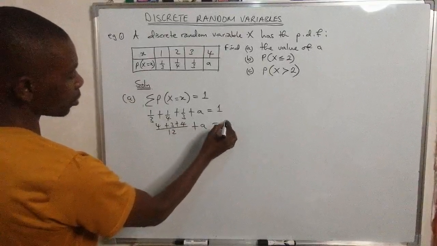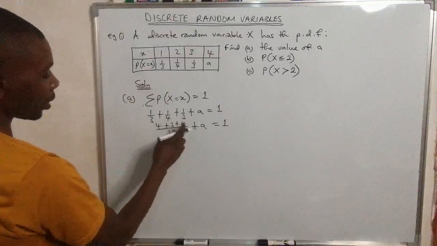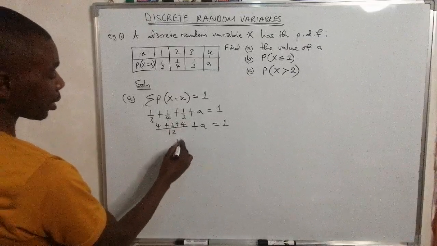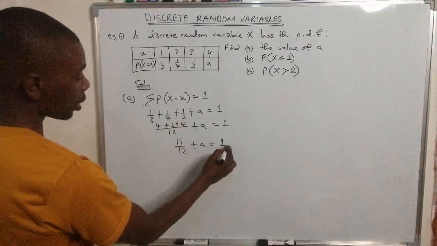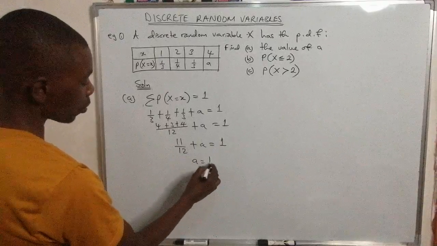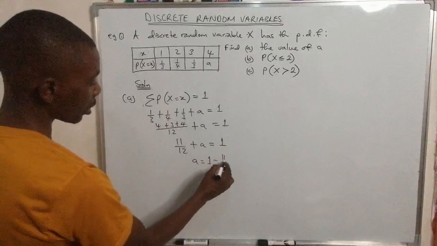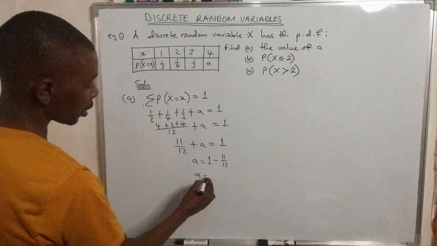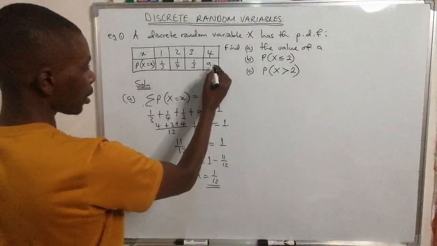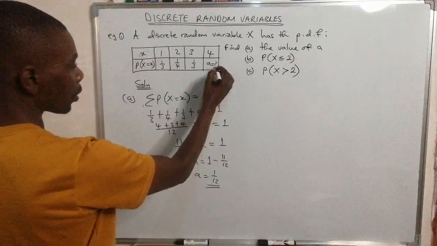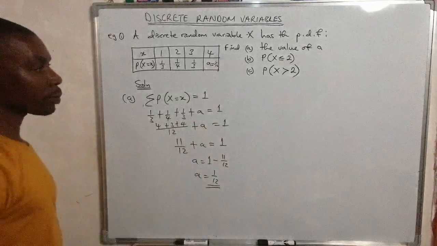Therefore 4 plus 3 plus 4 is 11, so 11 over 12 plus a equals 1. Therefore a equals 1 minus 11 over 12. Our a is equal to 1 over 12.